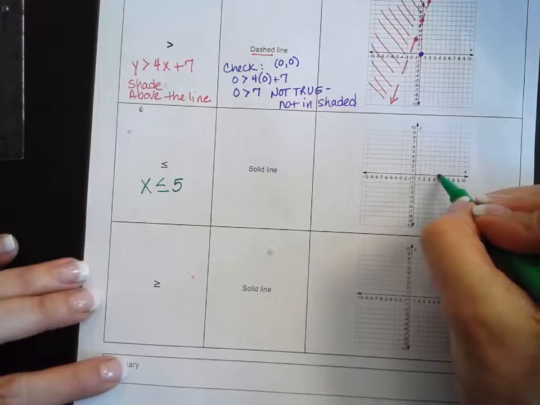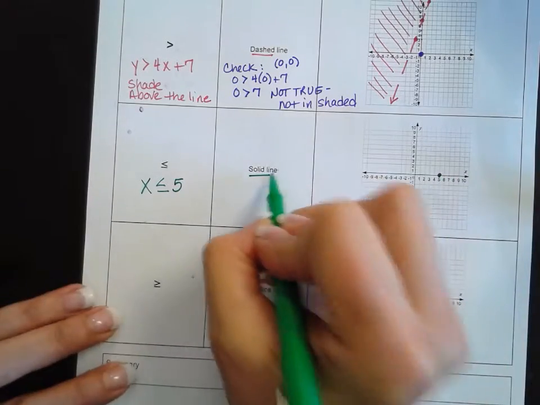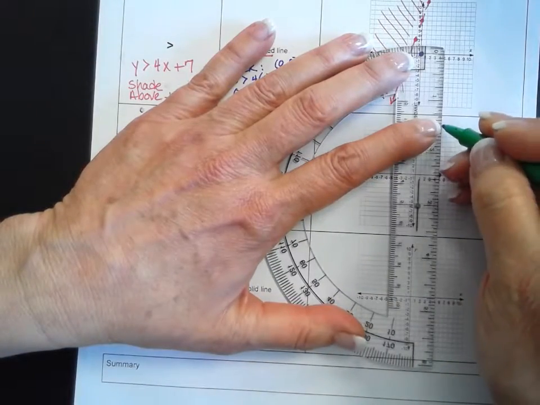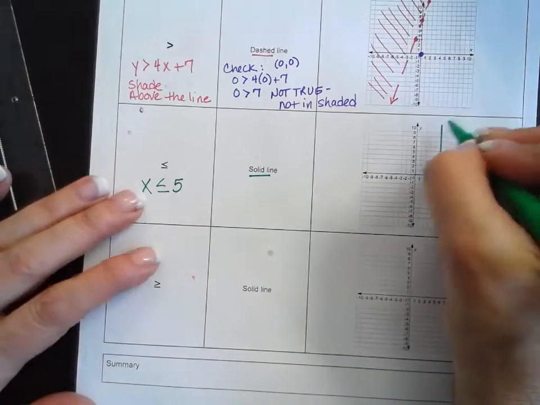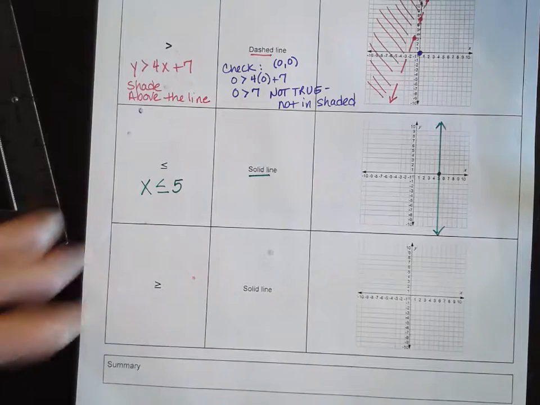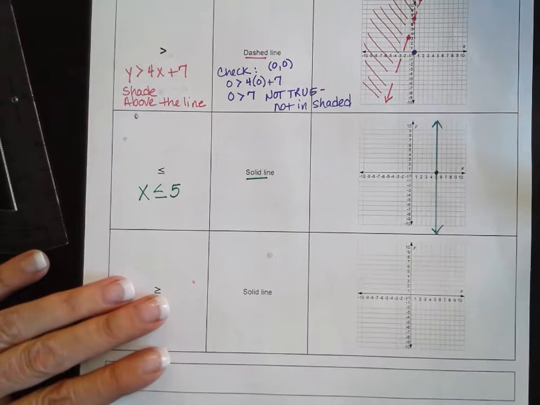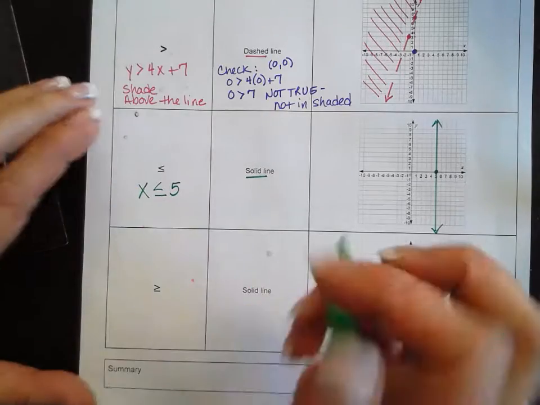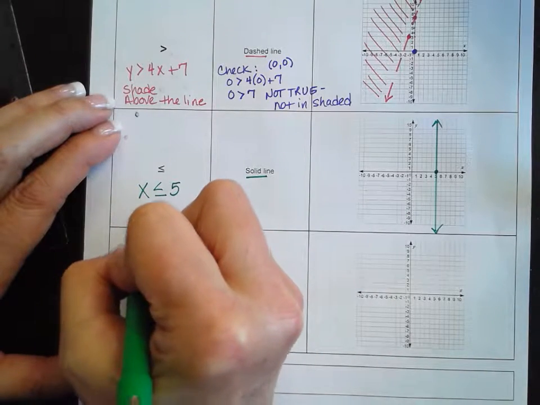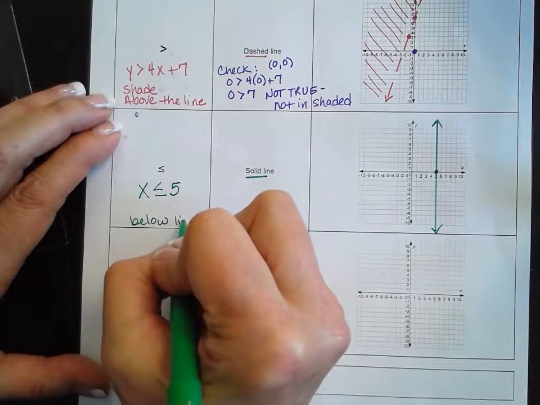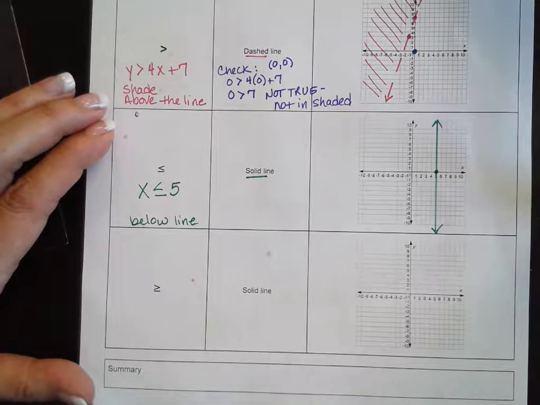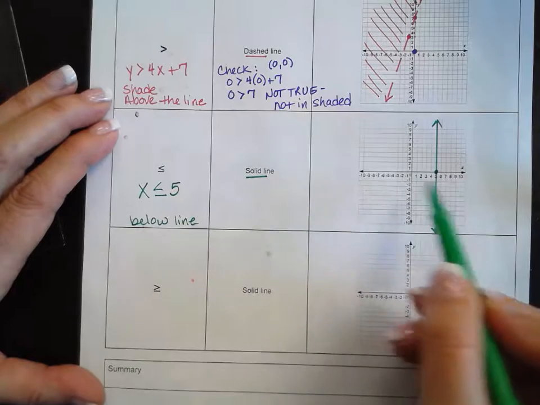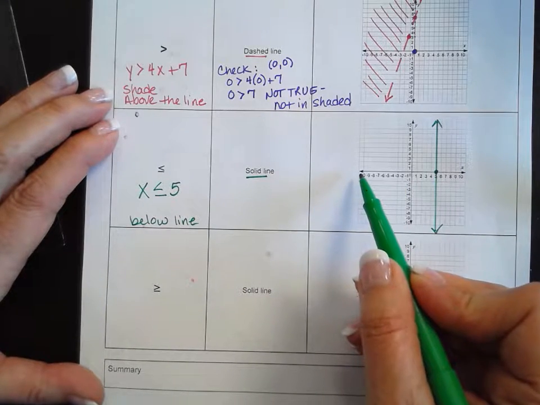And since it's less than or equal to, I'm going to have a solid line. Now, if it's less than, we would go below the line, right? What numbers are below the line? All the ones to the left. So 4, 3, 2, 1.